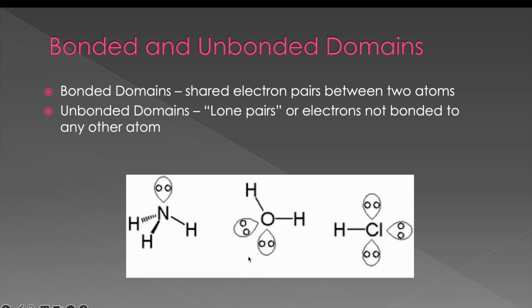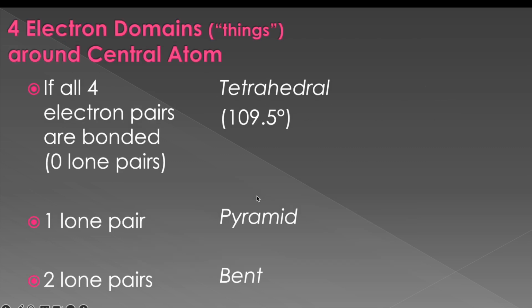And I showed you them before and I told you they were important. Well, they're the reason that water bends and that NH3 is bent down like a pyramid. These unbonded electrons, even though we don't write them a lot of times, chemists know they're there and they are making negative charges. The bonded domains are the shared electron pairs between the atoms.